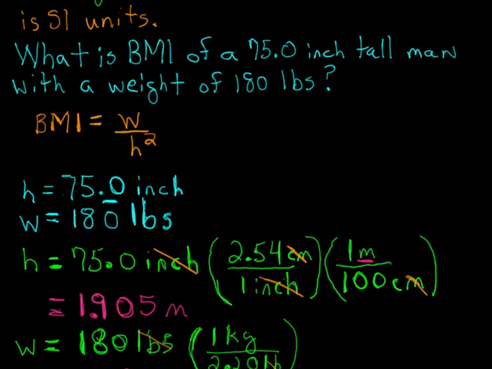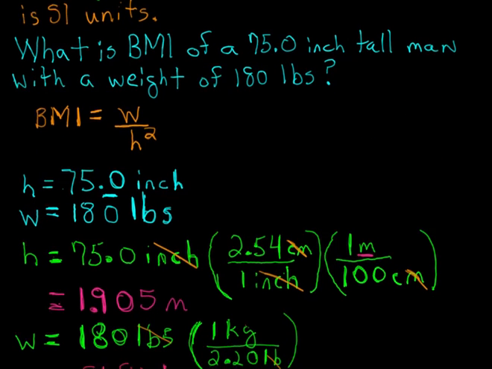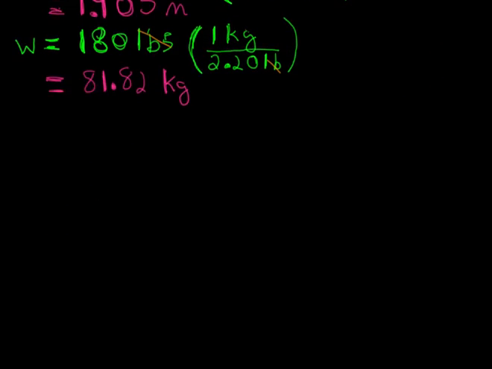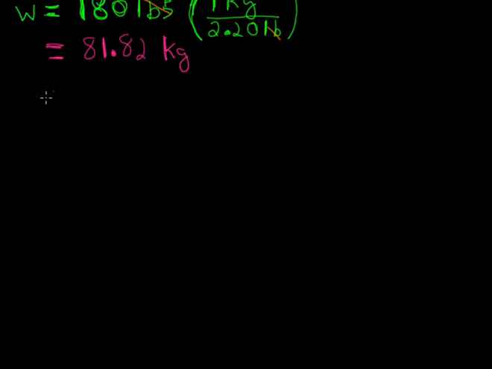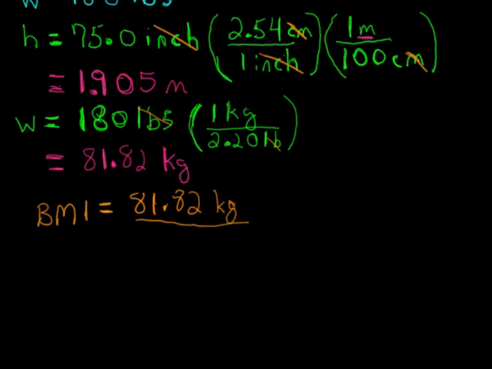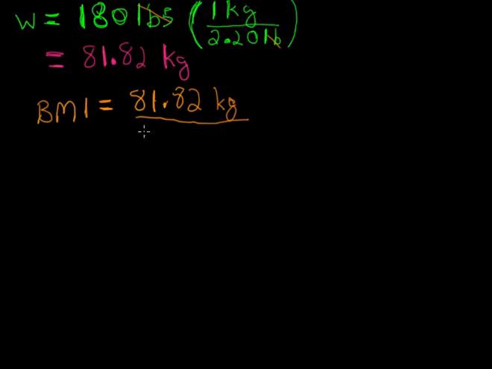So we look back up here: BMI equals weight divided by height squared. So BMI equals 81.82 kilograms divided by 1.905 meters squared.